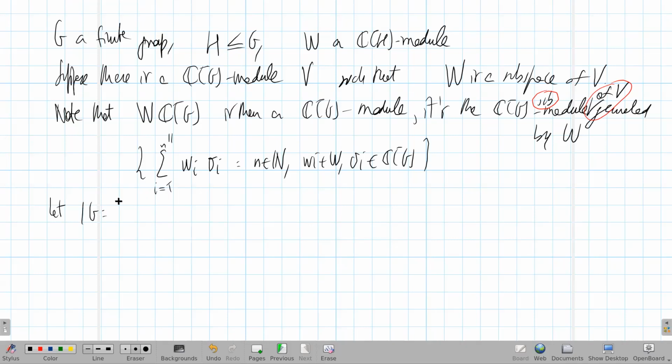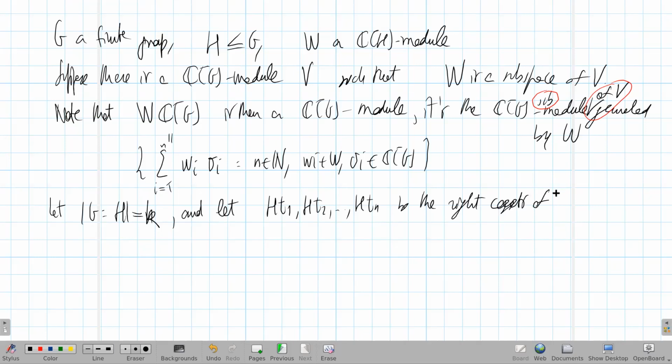So let's take the index of H in G to be, let's call it k, just not to clash with this, and let Ht1, Ht2, ..., Htn be the right cosets of H in G, where I take t1 to be 1, because one of these cosets will be H. So let's assume it is represented by 1.